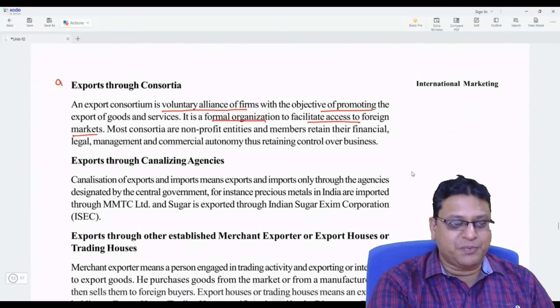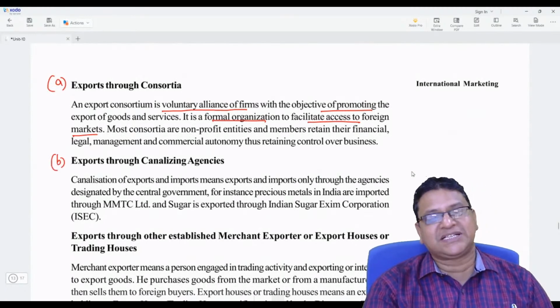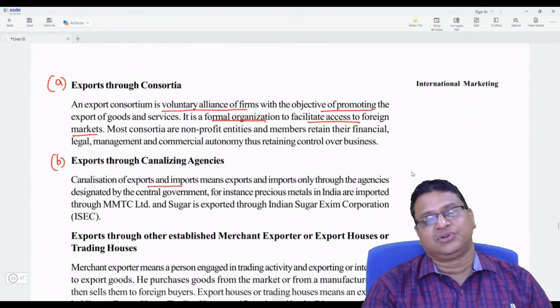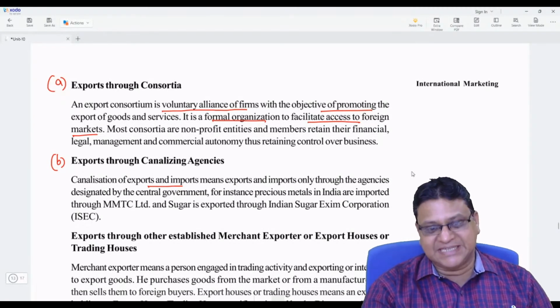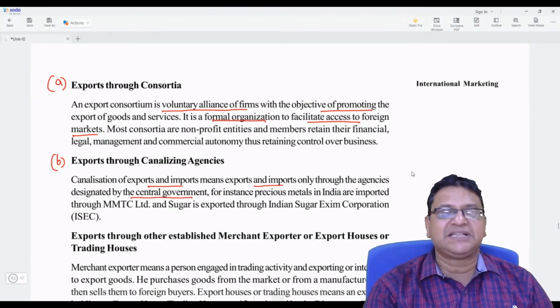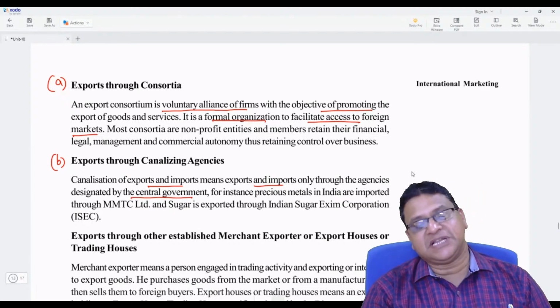You can export your product through consortia, or you can export your product through canalizing agent. What are canalizing agents? These are export and import agencies designated by central government to deal with international business.